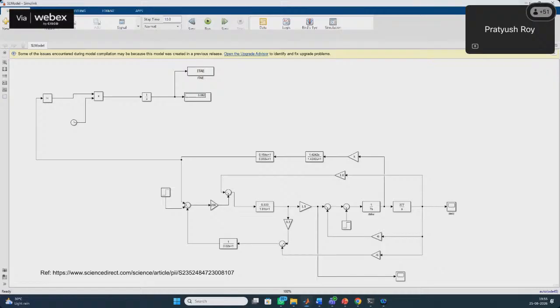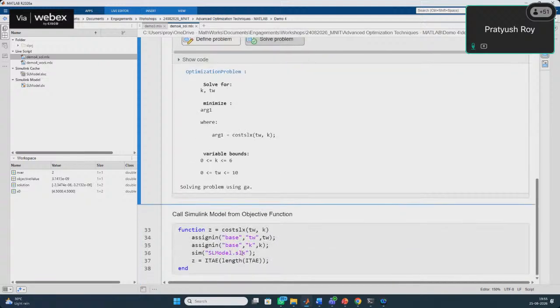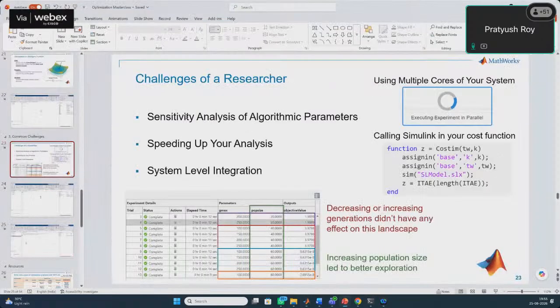So this is how we apply this, in case you want to. We covered the three typical challenges that a researcher would face. We looked at sensitivity analysis using the Experiment Manager app. We sped up analysis by applying simultaneous execution, which took the parallel cores on your system.